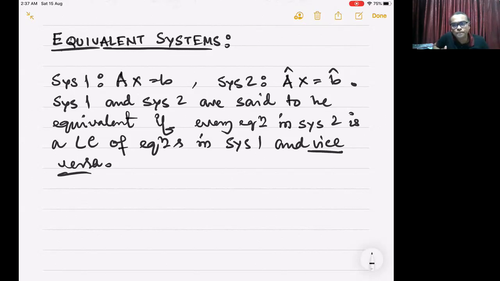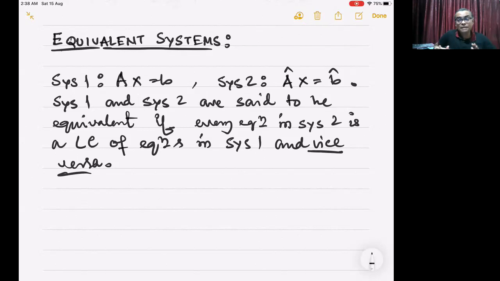system 2. Remember, when we are looking at equivalent systems, system 1, system 2, their sizes need not match. The number of variables in x should certainly be the same, of course. So that number is n. So matrix A and A hat both will have n columns, but the number of rows may be different. No one imposes that the numbers are the same, right?